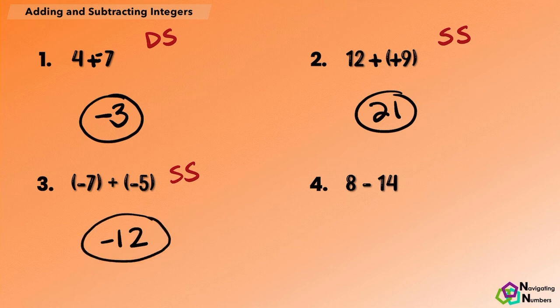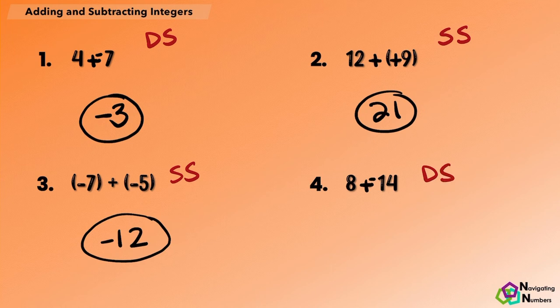Number 4, we have 8 minus 14. You have subtraction. So we're going to change that by adding the opposite. So 8 plus negative 14. So this is like number 1. Now we have a positive 8 and a negative 14. So these are different signs.